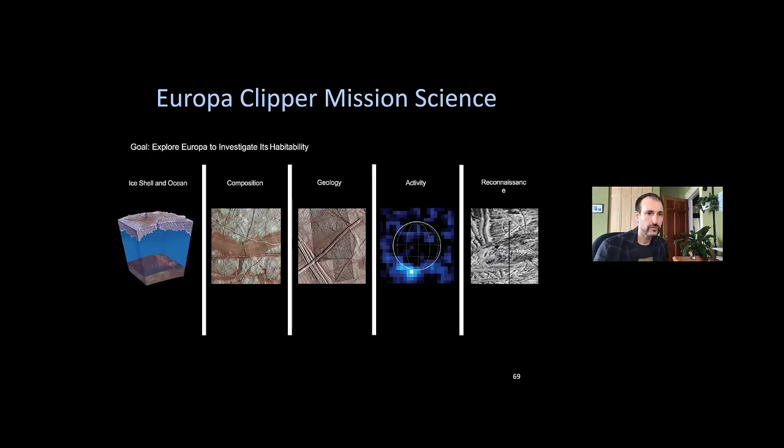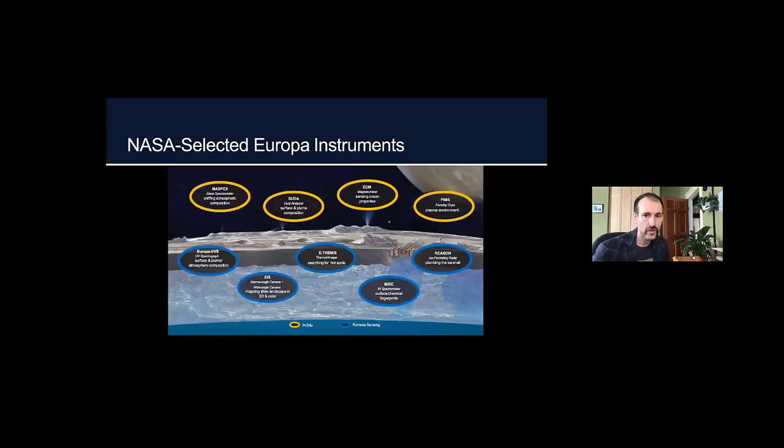So to meet all of these objectives and meet the overall goal of Europa, NASA selected a suite of instruments, very capable, sort of next generation instruments to investigate Europa. Here, those instruments are grouped by in situ, shown in yellow, and remote sensing instruments, shown in blue. I'll go through these instruments in very rough terms.